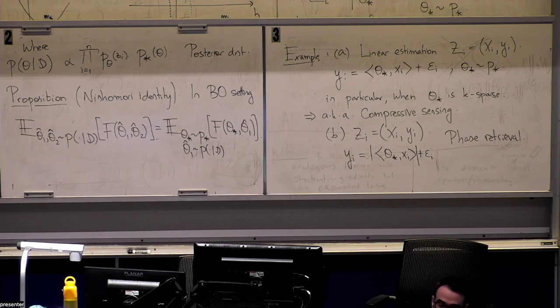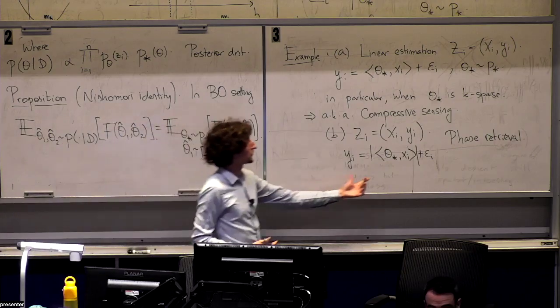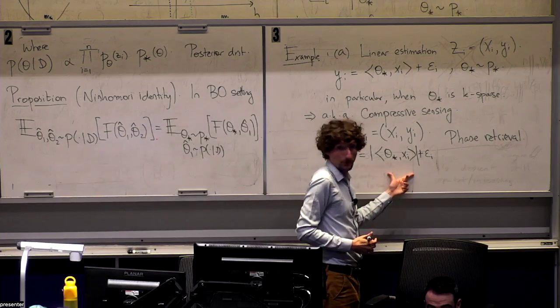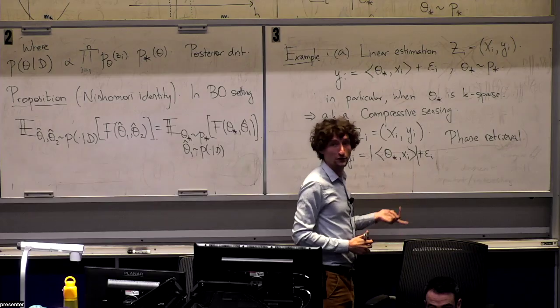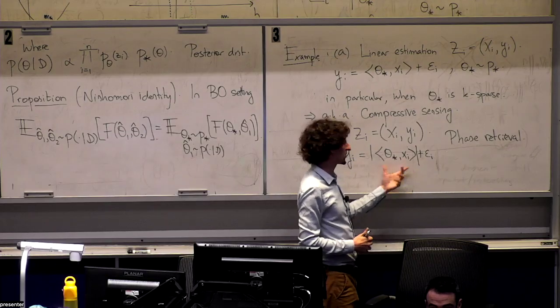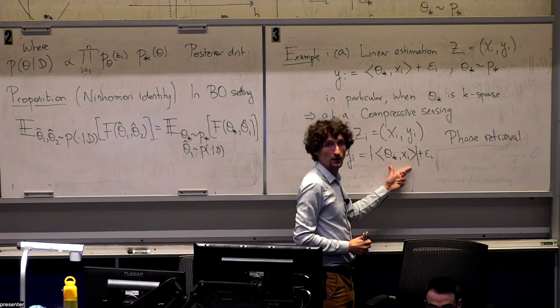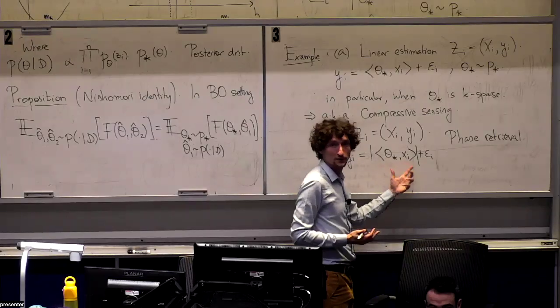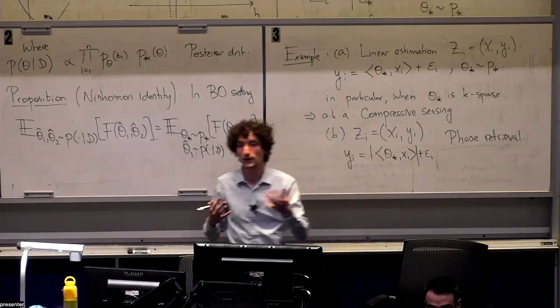However, your measurement usually can only capture the amplitude of the signal, not the phase. So you lost some information that you want to try to recover. Essentially, you observe just the amplitude, and the goal is to recover the phase. In the real case, that's just the sign of this scalar product. But if these were complex variables, this could be the full phase of a signal.